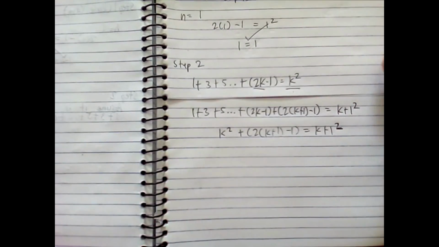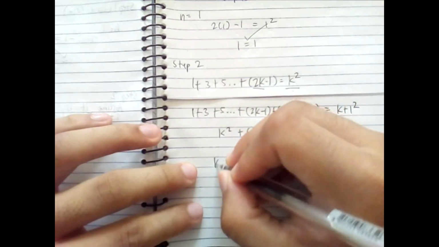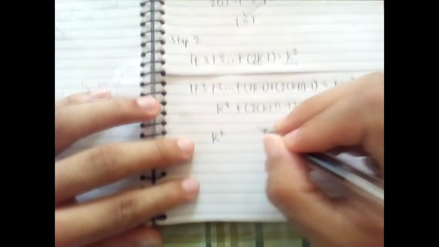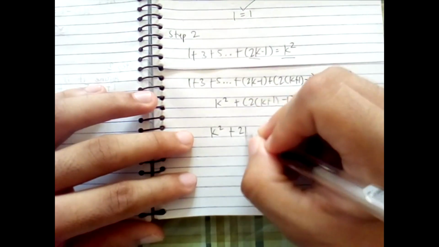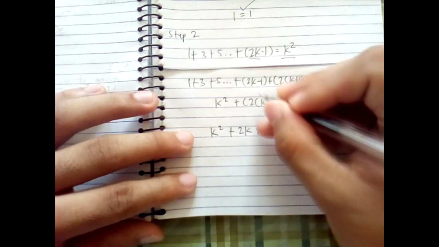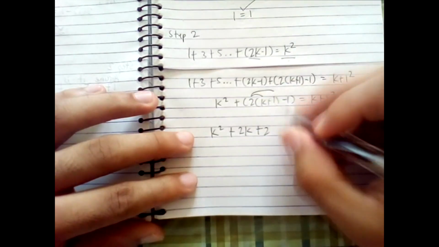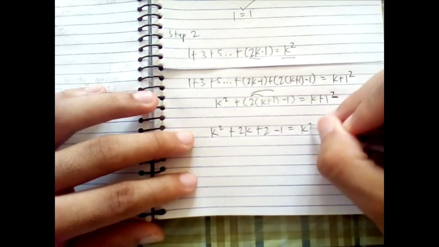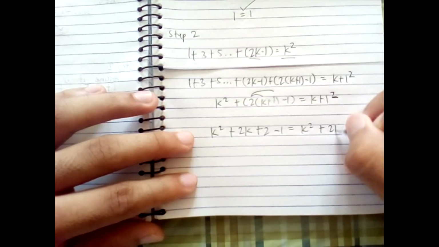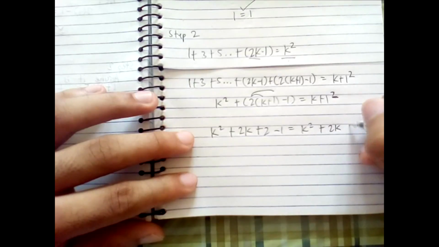After that, we just expand. So k squared plus 2k plus 2, just substitute, minus 1 is equal to k squared plus 2k plus 1.